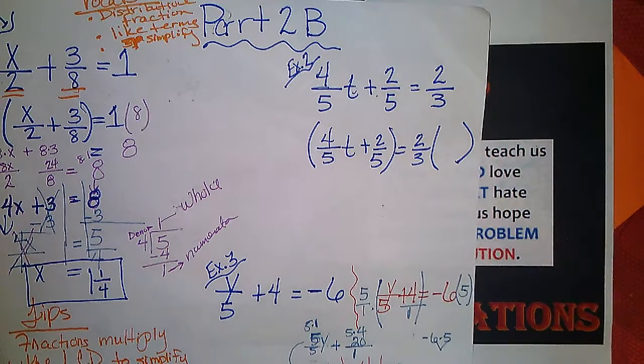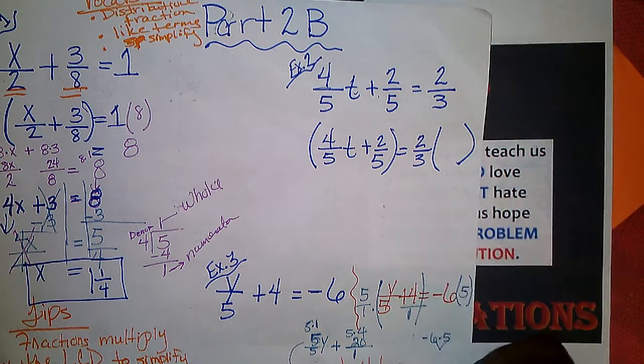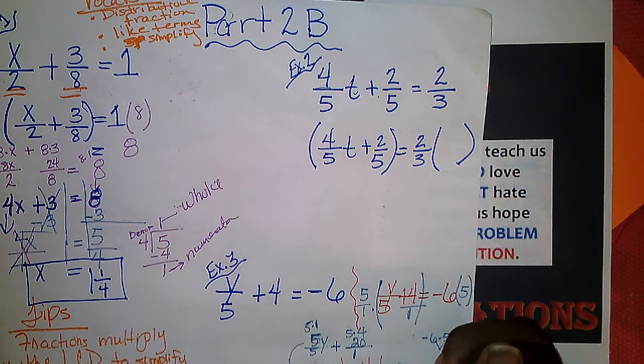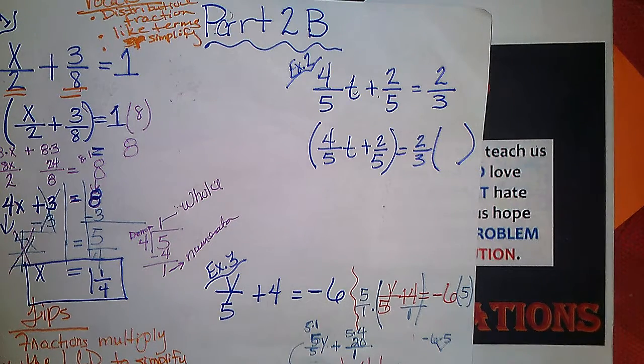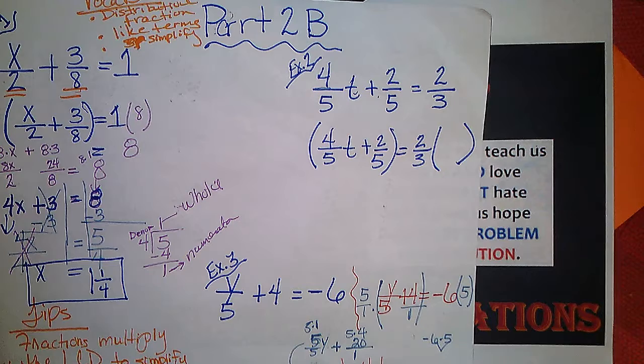This cancels out, leaving you with y. Now we have negative 30 and negative 20. Anytime you have a negative plus a negative, you're going to do the sum, and that's going to give us negative 50. So y would equal negative 50. Here's your solution.